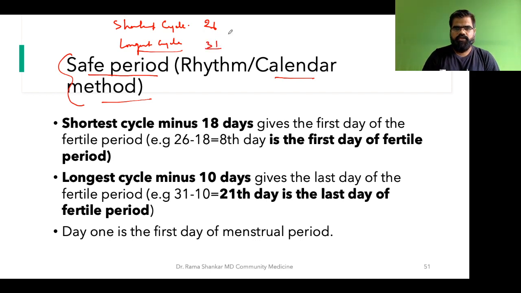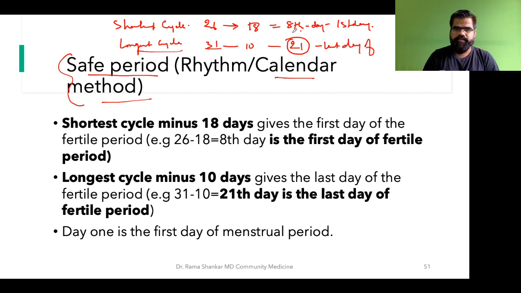From the shortest cycle, subtract 18. From the longest cycle, which is 31, subtract 10. If you subtract 18 from 26, it becomes the 8th day. From 31, subtracting 10, it becomes the 21st day. So the 8th day, from the shortest cycle, is your first day of the fertile period, and 21, which you got, is the last day of the fertile period.